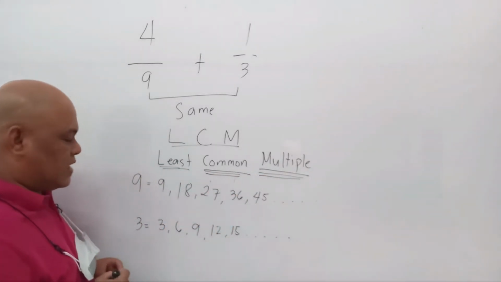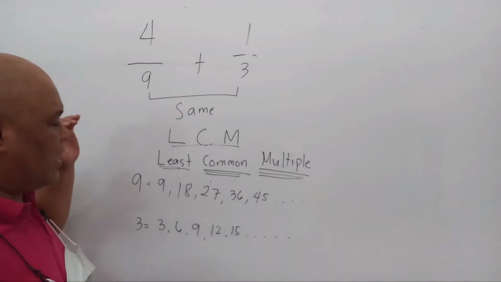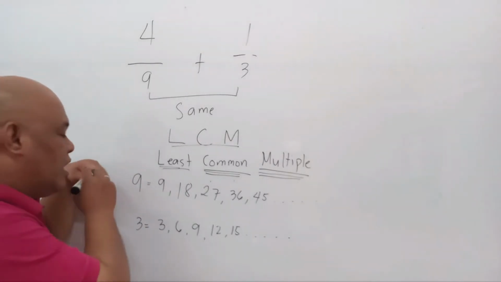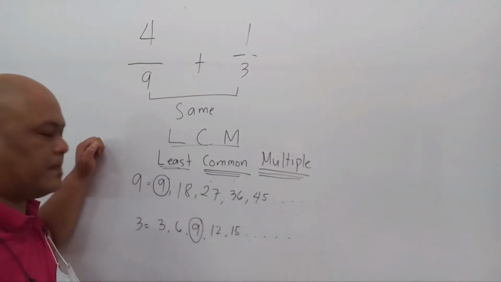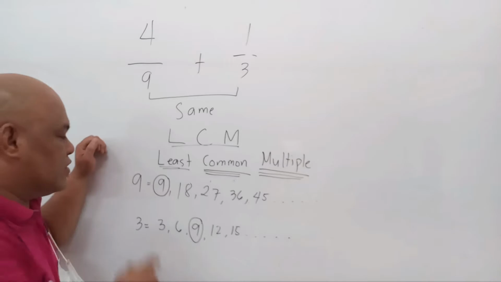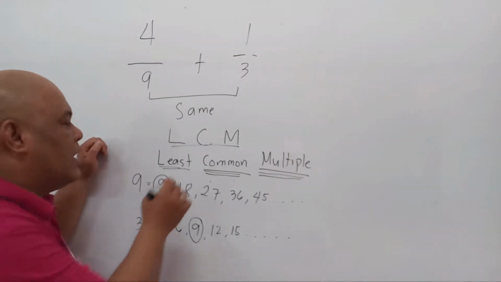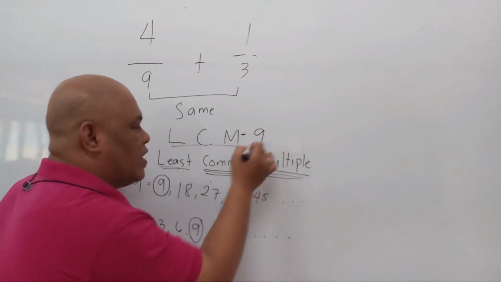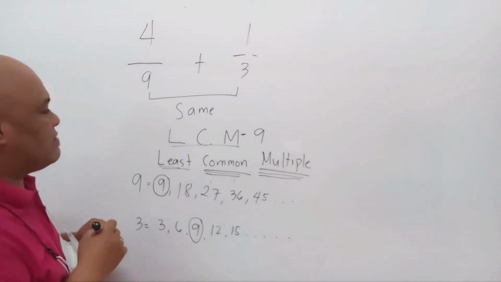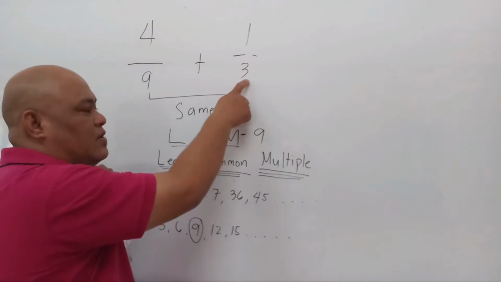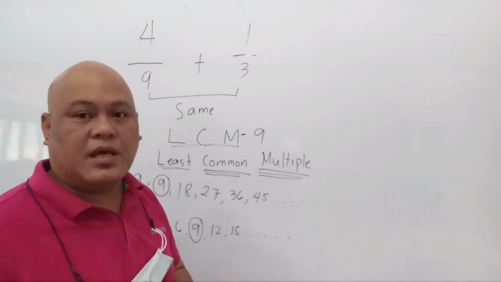So now, we get the least common multiple and that is 9. Do you understand? So 9 is our least common multiple, and now we can use 9 as the denominator and we have the same denominator.